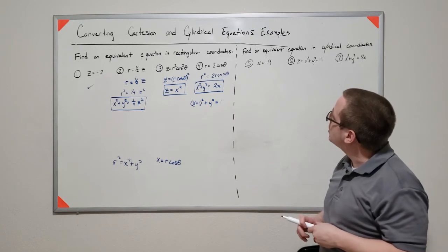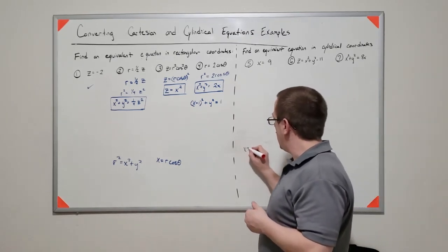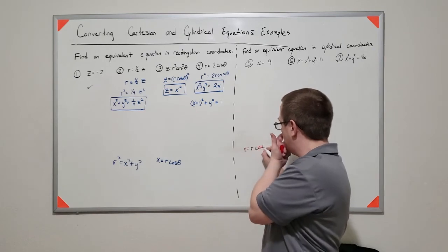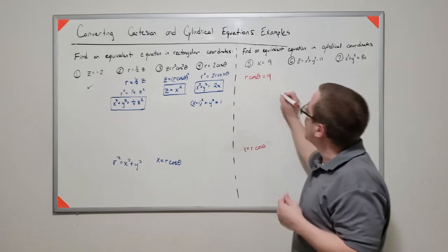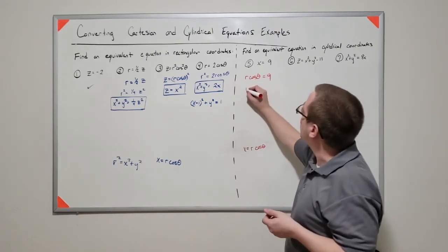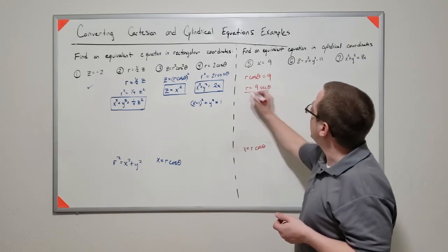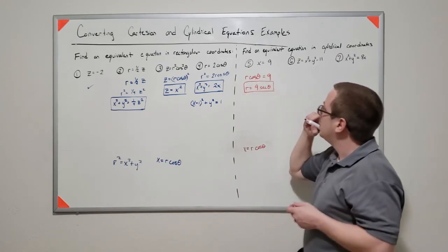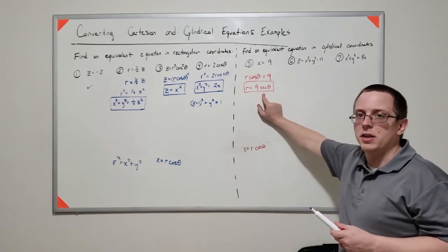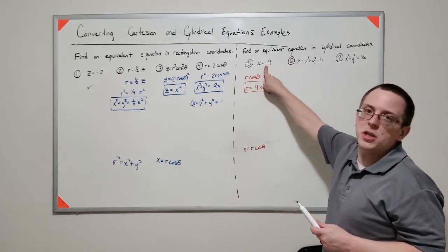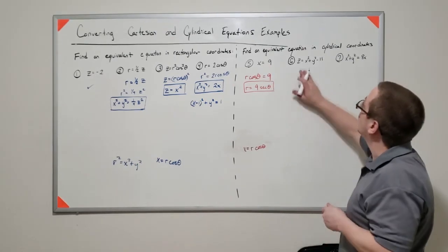If x is equal to 9, and we know that x is r cosine theta, r cosine theta equals 9. You could say that, or you could say r equals 9 secant theta. And so that tells you a little bit, but again, this would be a lot more difficult to decipher than just representing that as x equals 9. So some things make more sense in one coordinate system, not the other.